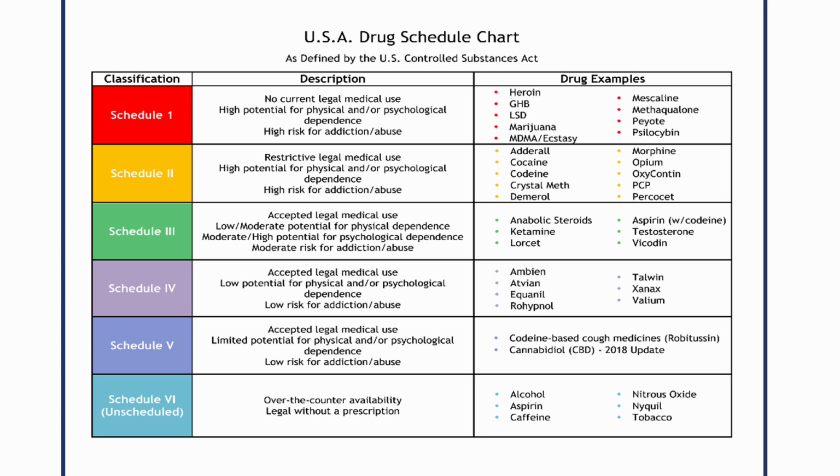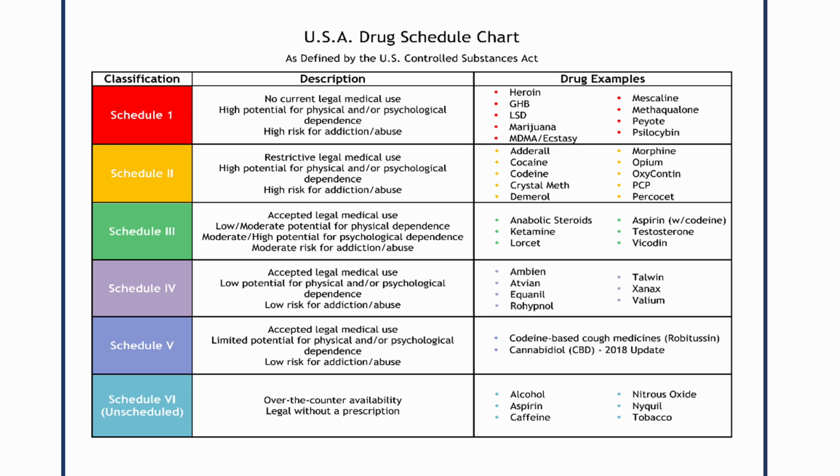When we're talking about Schedule 2s, this is going to be drugs that do have an acceptable medical use, but still have a high potential for abuse. So Adderall, cocaine, methamphetamines, Demerol, morphine, opium, OxyContin, Percocet, things like that. And then we're going to talk about Schedule 3s, which identifies a medically acceptable drug.